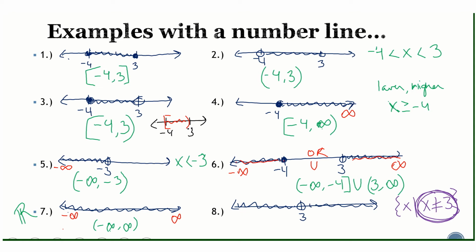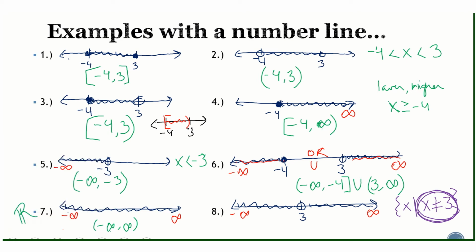Now, if you're doing it in interval notation, it is a bit of a pain in the neck, and I think you'll prefer x does not equal 3. But what you've got there is two intervals, because the 3 is breaking it up. You have an interval from negative infinity to the 3, and then again from 3 up to positive infinity.